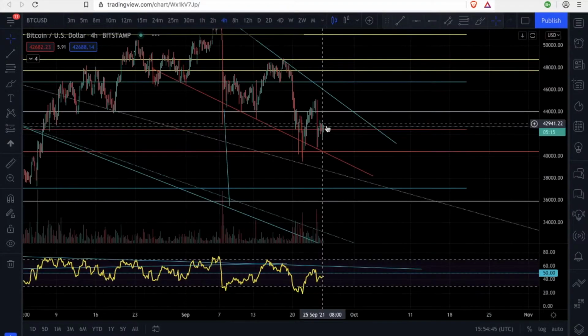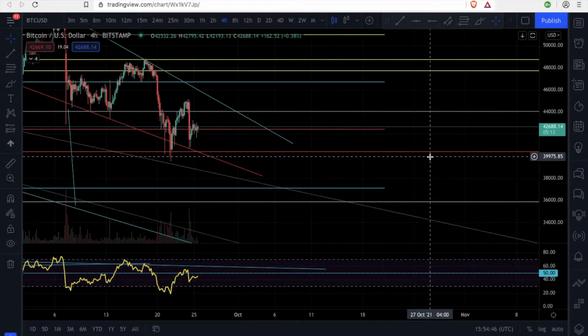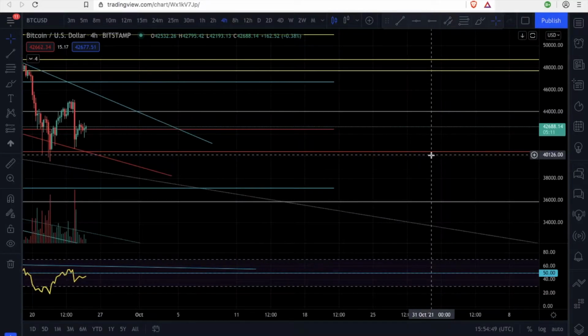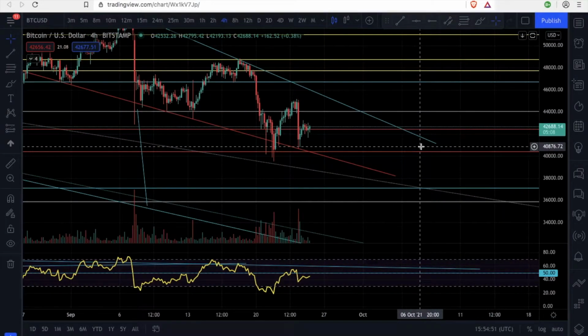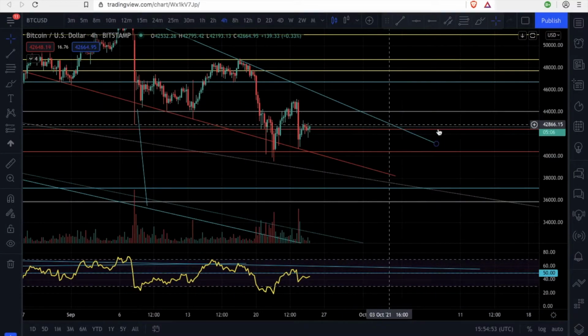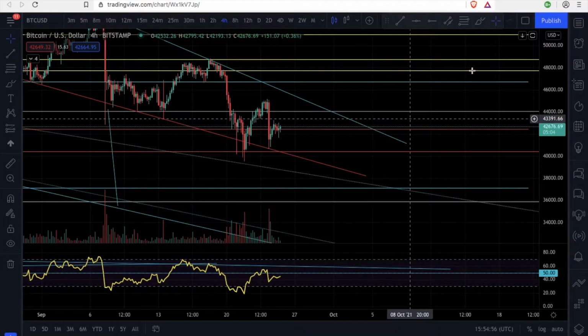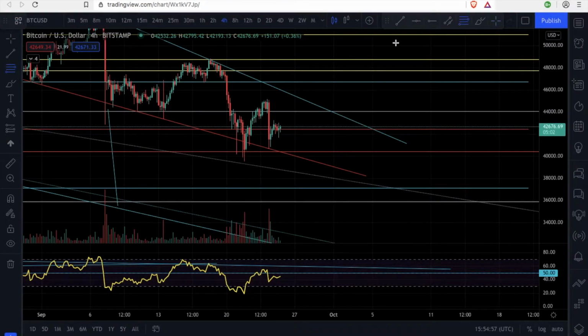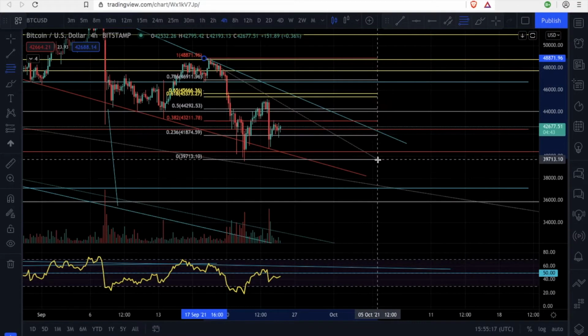I'm going into the 4-hour time frame because I want to show you that there's a very high probability. It's not guaranteed, but it will most likely happen, and time and again it happens. I'm going to pull out the Fibonacci retracement from this swing high to this swing low.